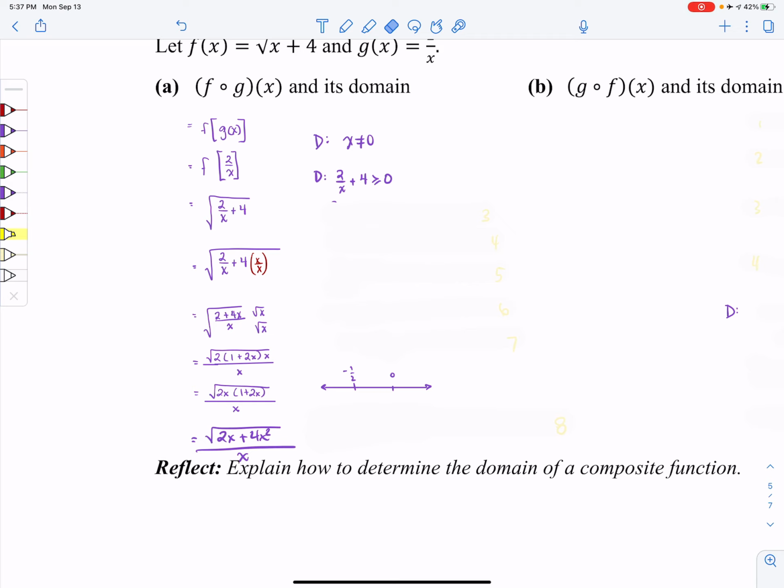So I wrote the inside and I said, hey, the inside has to be a positive number, has to be greater than 0. It could be equal to 0 as well. Okay? And we'll talk about that in a minute when I put the two cases together. All right, so let's just solve. The first thing that we'll do is subtract the 4 on both sides. And then you can multiply by x on both sides.